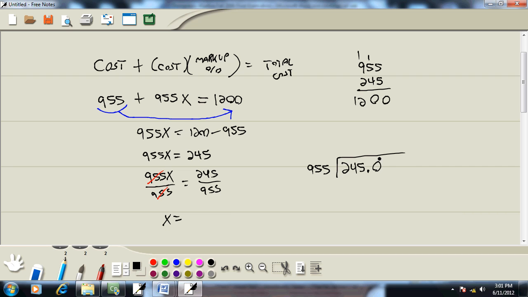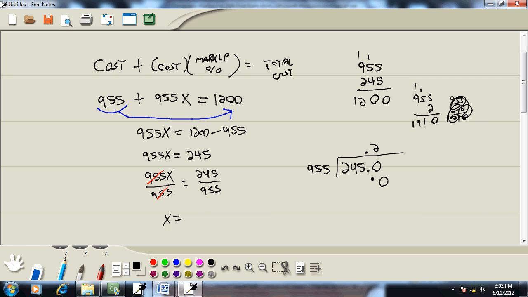Doesn't go into that, so I'll add a 0. Goes into that 2 times, I think. Not that I can actually multiply. Let me try that again. It's 10, 11, 18, 19, 10. Okay, yeah, 2 times.